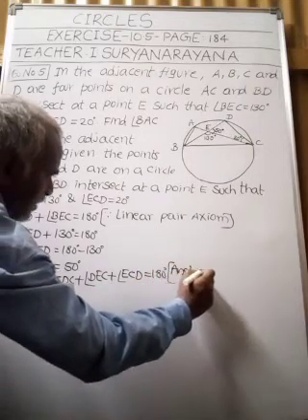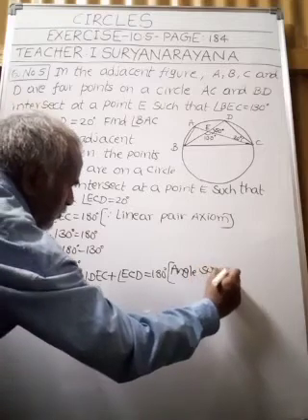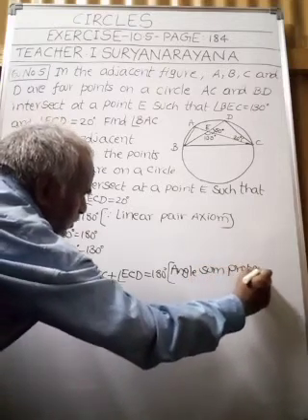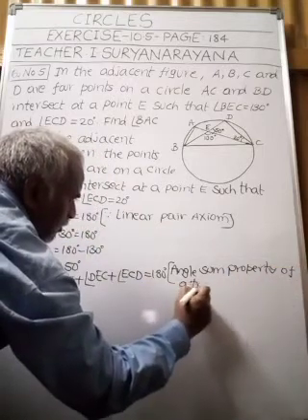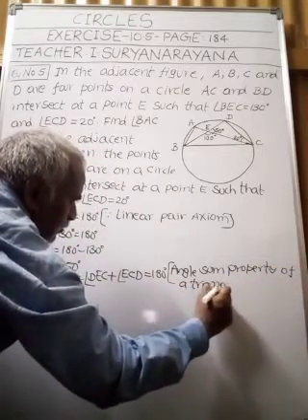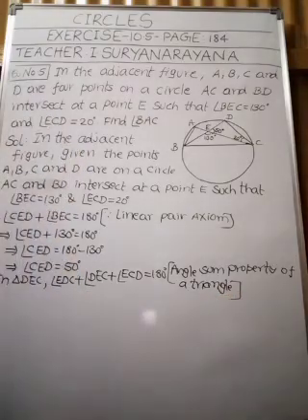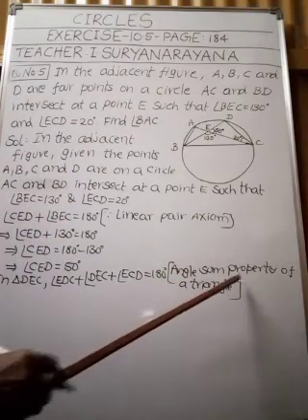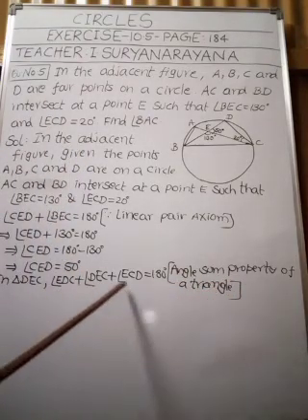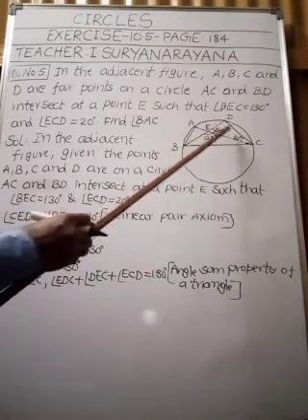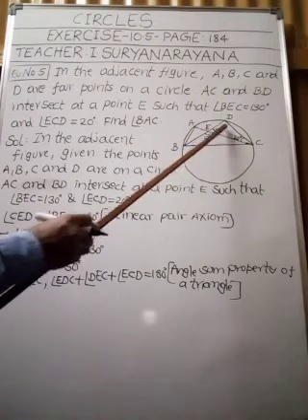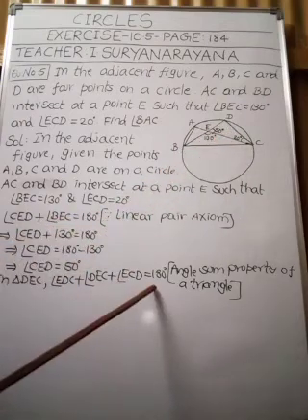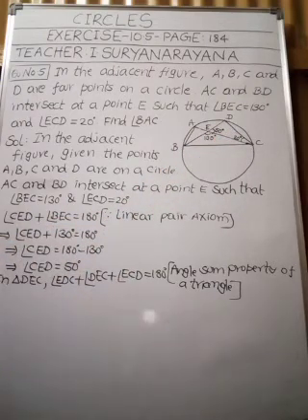This is the angle sum property of a triangle. By using this angle sum property of a triangle, we wrote this step. The sum of these three angles is equal to 180 degrees. The sum of the angles of triangle DEC is equal to 180 degrees. Understood this step, my children?